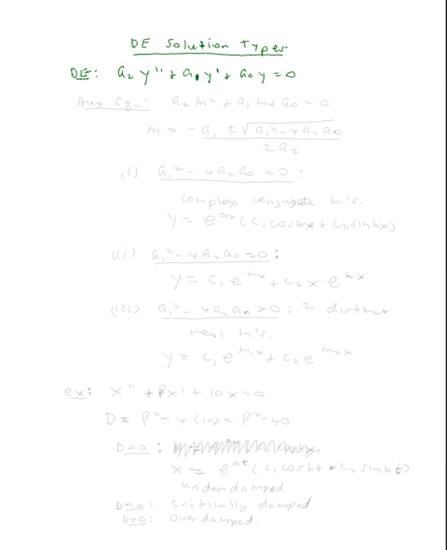Now a0, a1, and a2 are constants, and a sub 2 is not 0. We know that the auxiliary equation for this differential equation is a sub 2 m squared plus a sub 1 m plus a naught equals 0.